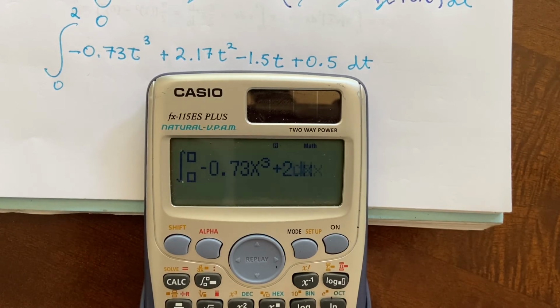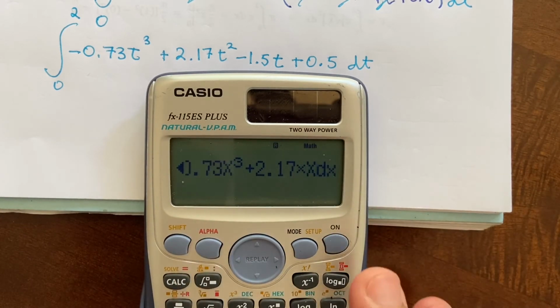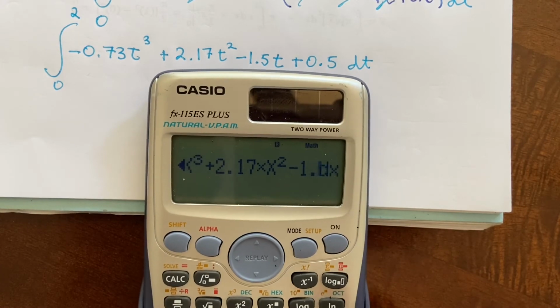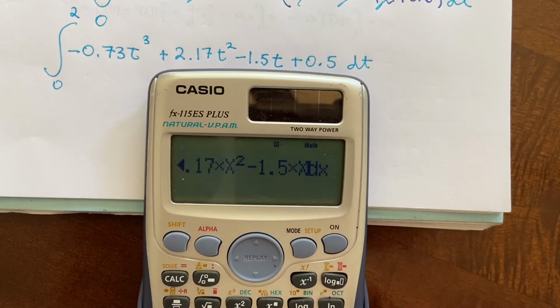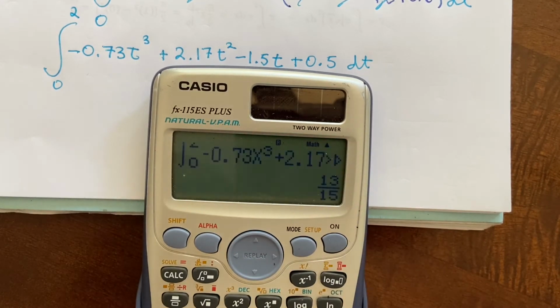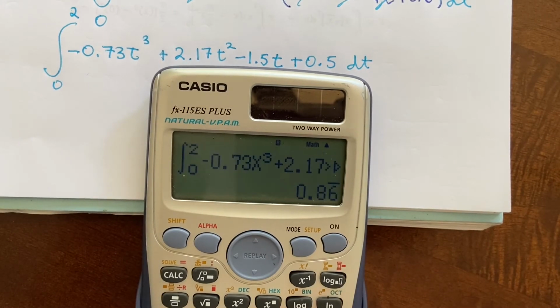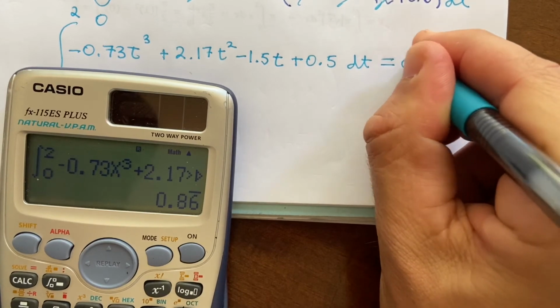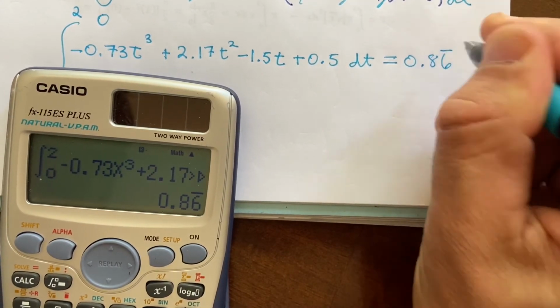So plus 2.17 times x squared minus 1.5 times x plus 0.5, and then we're integrating from 0 to 2. So this is equal to 0.86, and that 6 repeats forever.